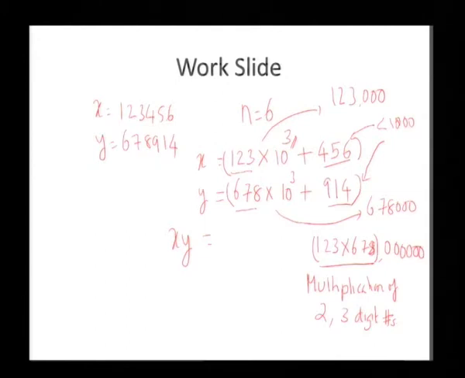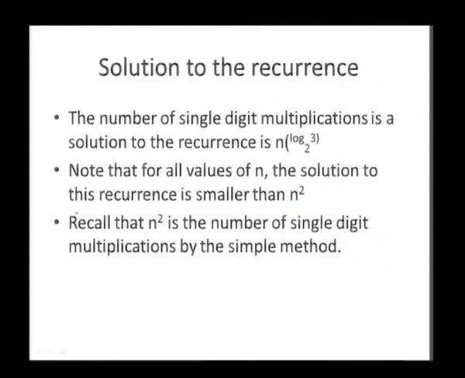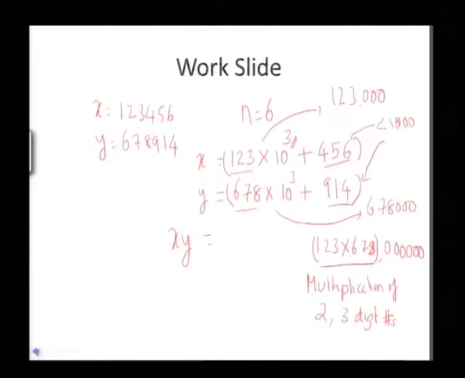So, let us just see this. You can have 999, a 3 digit number, added with another 999, which is another 3 digit number. This is 1998.